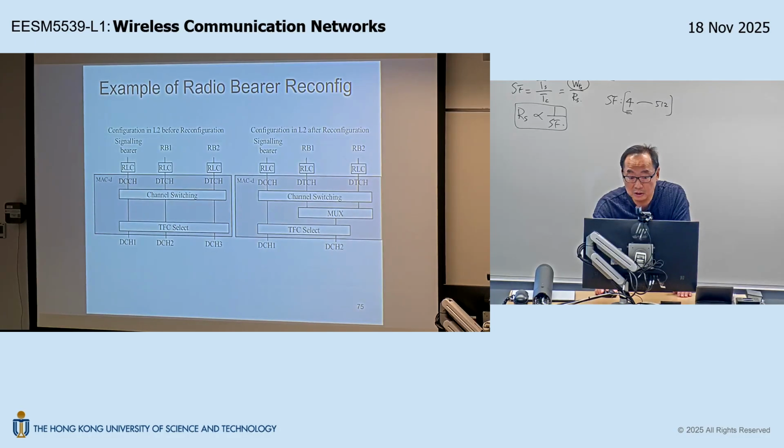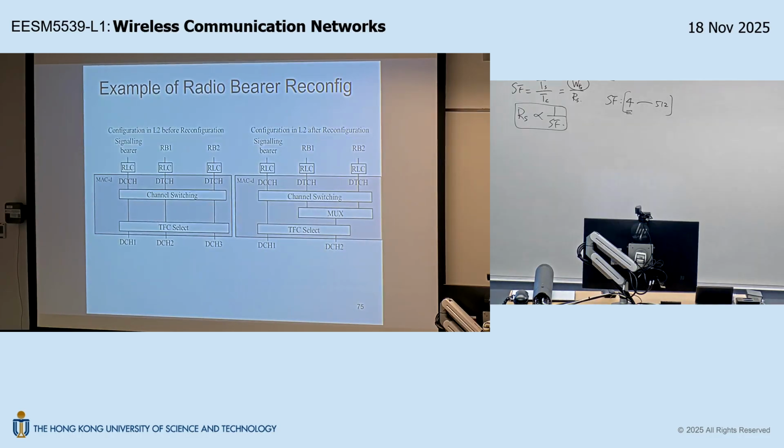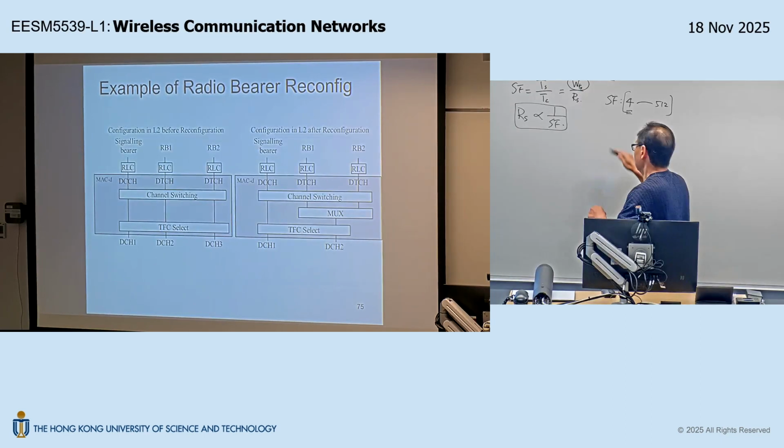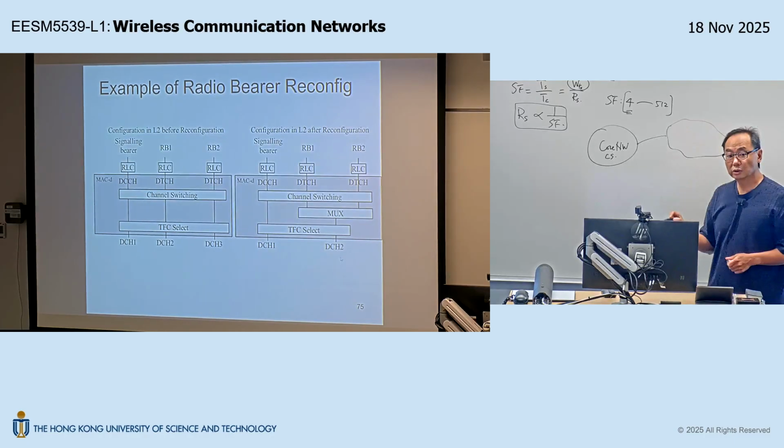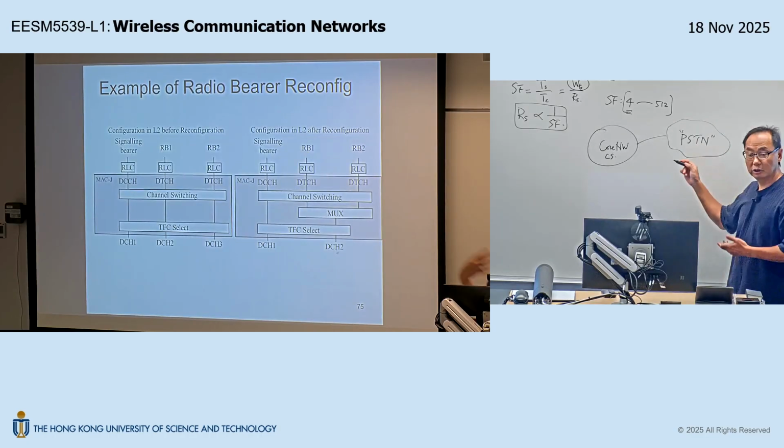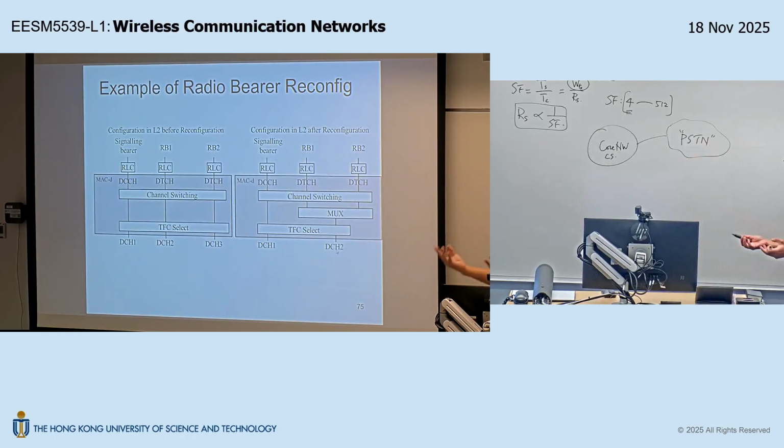But what changes in response to this decrease in traffic demand? The signaling bearer is still supported by DCH1, but DCH3 is released, and then there is only DCH2, and data bearers RB1 and RB2 are now multiplexed into a single DCH2. So that is one example. This is like in the supermarket, you close down one checkout counter. You only have two activated checkout counters.